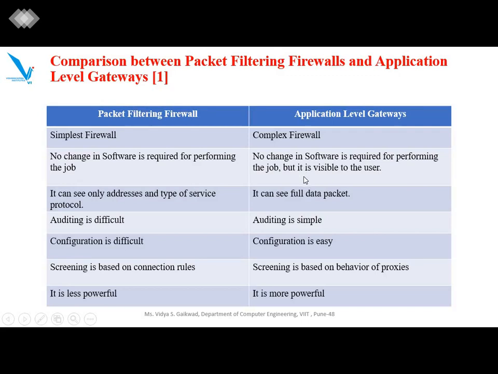Here also no change is required, but it is visible to the user. It can see only addresses and type of service protocol in packet filtering, but in application level it can see the full data packet. Here the auditing is difficult in packet filtering, while it is simple in application level gateway.